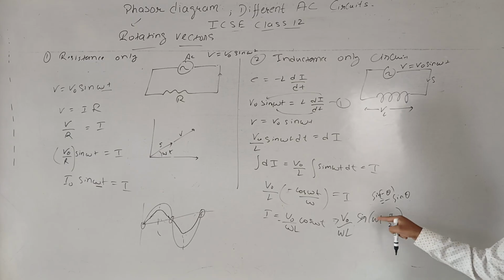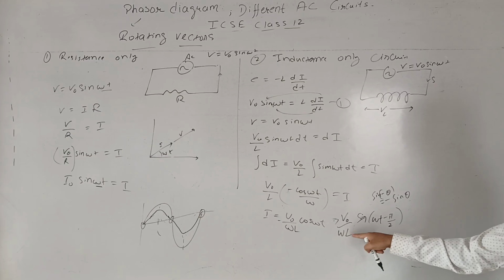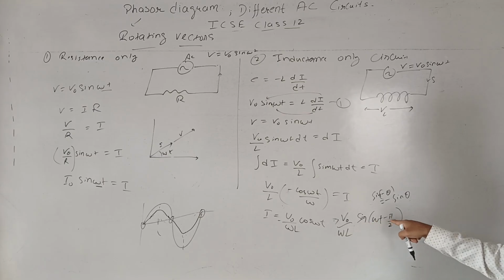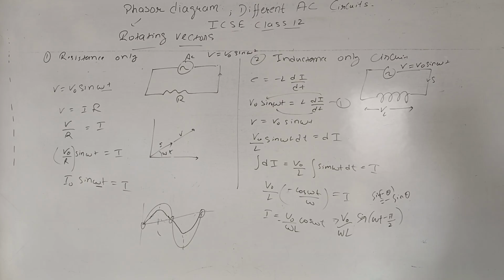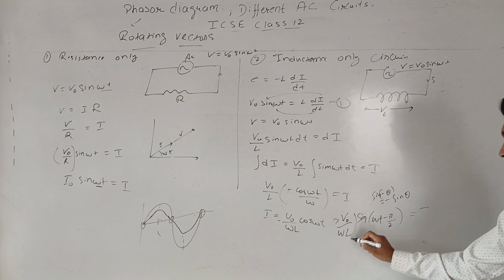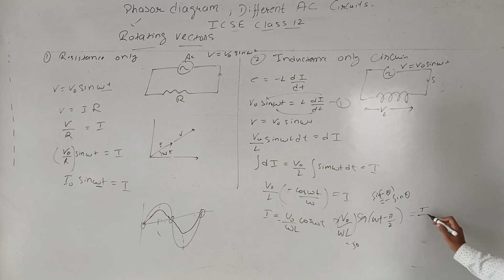So from here the minus will come out, giving minus V naught by omega L sin 90 minus theta, which is equal to cos theta. So this is written as I is equal to I naught into sin omega t minus pi by 2.